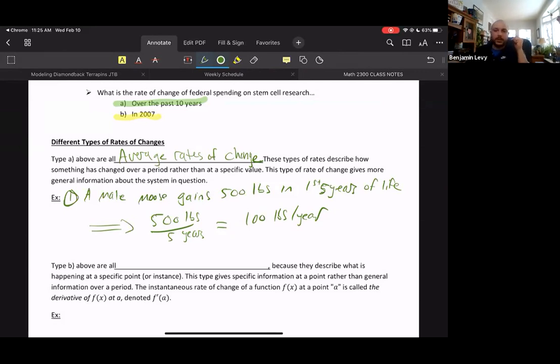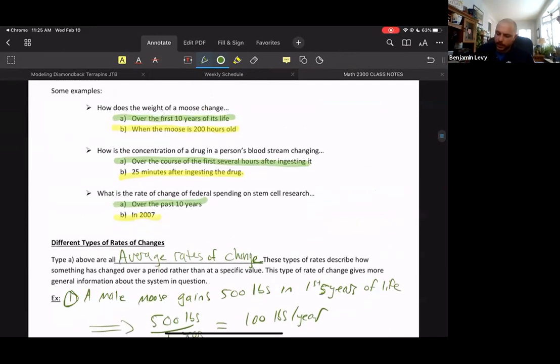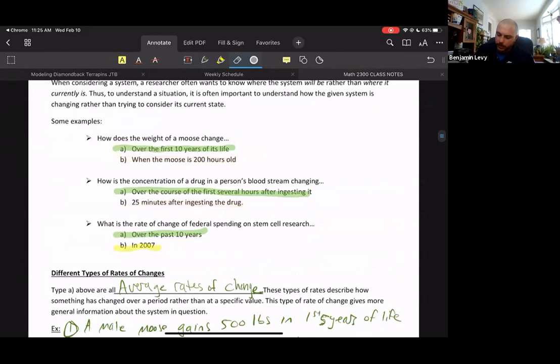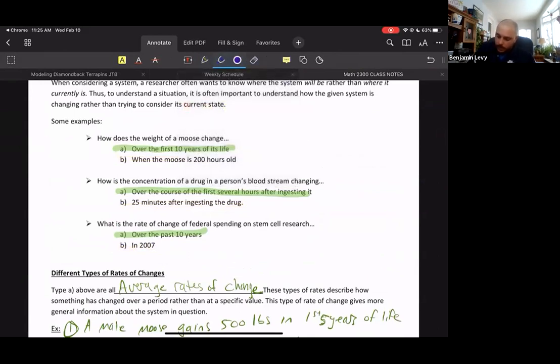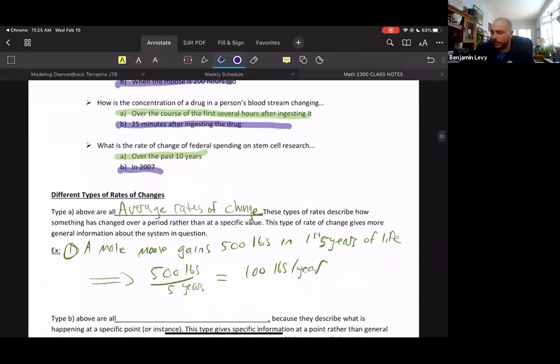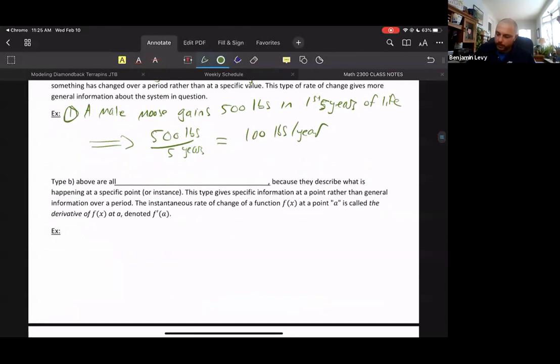Let's contrast that with type B, right? Maybe I should use a different color. I'm going to go back up here and use blue so we can write in blue. Maybe purple's fine. So anyway, all those type B things up at the top, that's what we would call instantaneous rate of change.